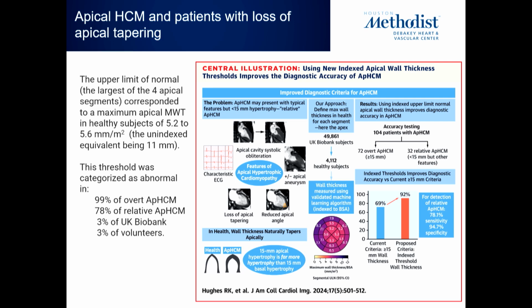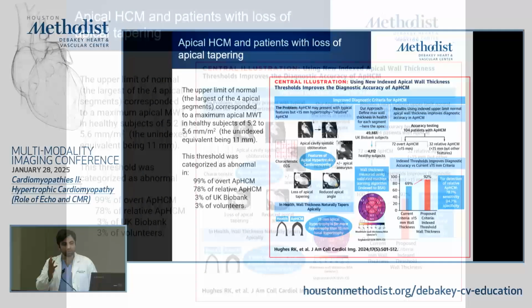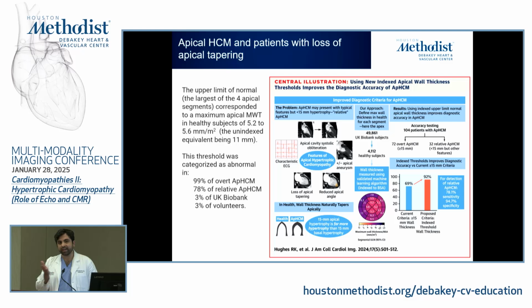This is another update. So there's an entity of people with loss of apical tapering. In all normal hearts, you notice the apical segments become very thin. And in some patients, they would have apical segments that are not 15 millimeters, but you don't have that normal loss of wall thickness. So if you have to wait for everyone to get to 1.5 centimeters to call them apical HCM, you may end up with some cases that have all features of HCM, but don't meet, quote, the imaging criteria of it.